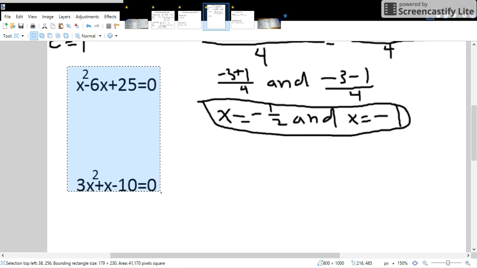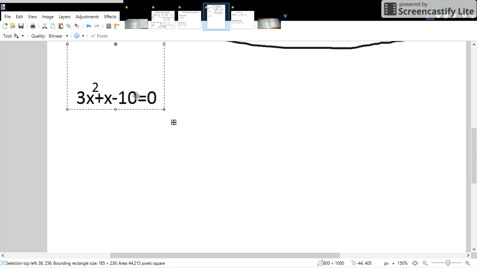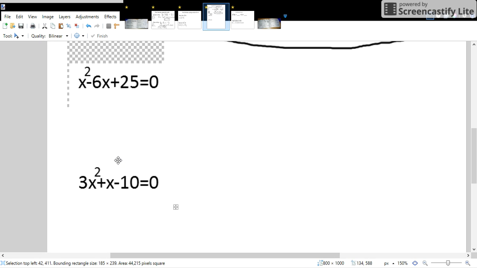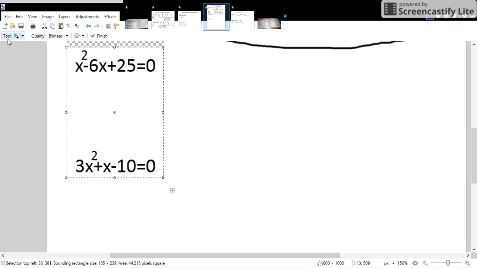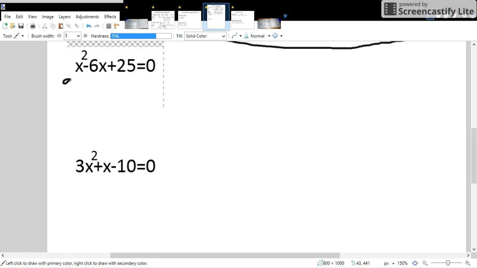Let me move these down a little bit. So we have a equals 1, b equals negative 6, and c equals 25. So we're going to plug it into the quadratic formula.